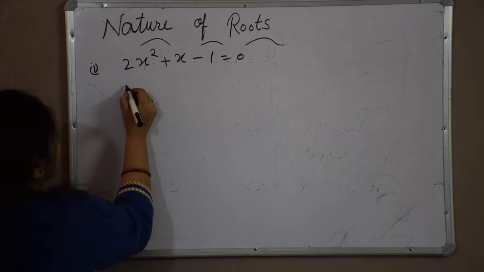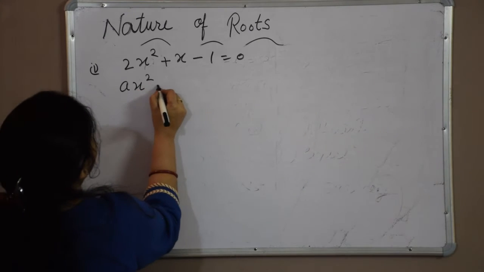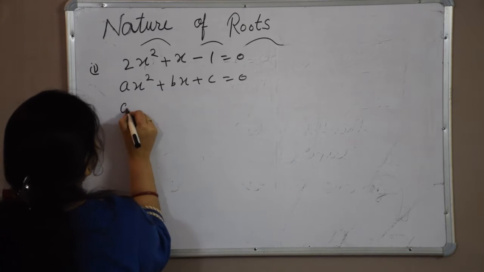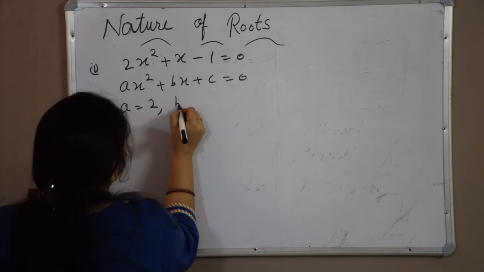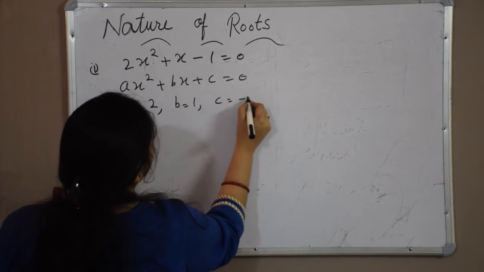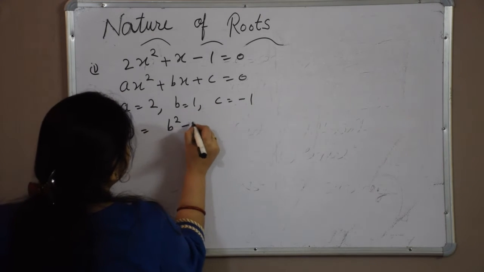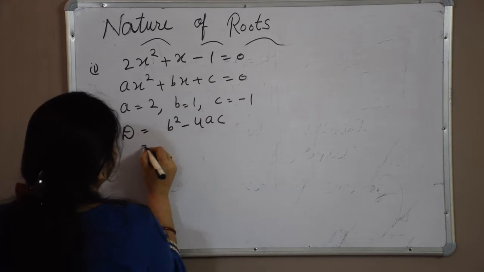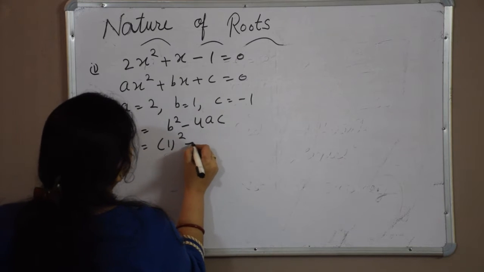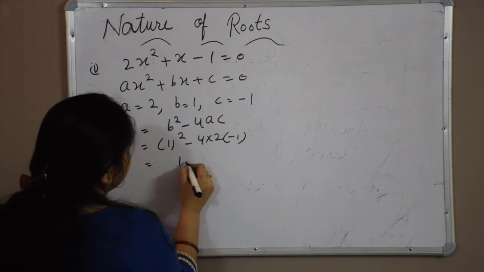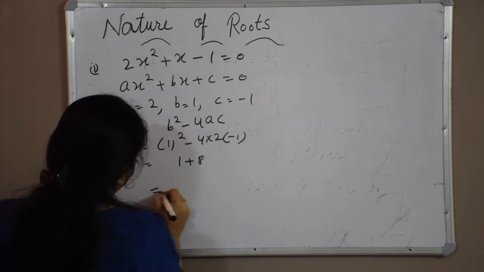Compare it with the standard quadratic equation, ax square plus bx plus c is equal to 0. Here a is equal to 2, b is equal to 1 and c is equal to minus 1, and we have to find D is equal to b square minus 4ac, that is 1 square minus 4 into 2 into minus 1, that is 1 plus 8 equal to 9.